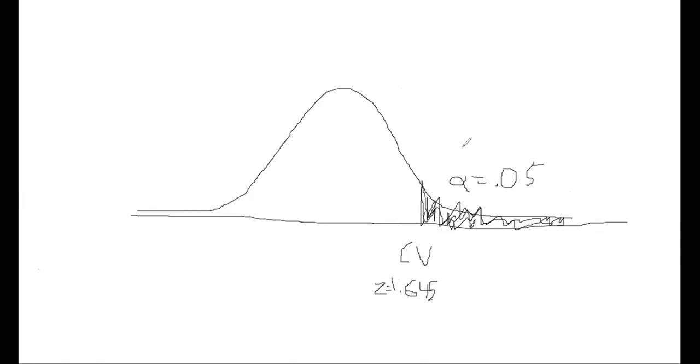And what we ended up finding here was a test value of 2.5, which might have been right around here, which had a z-score of 2.5.